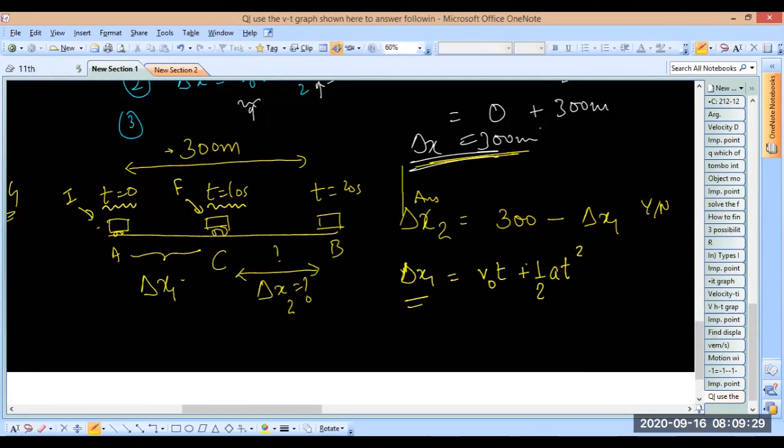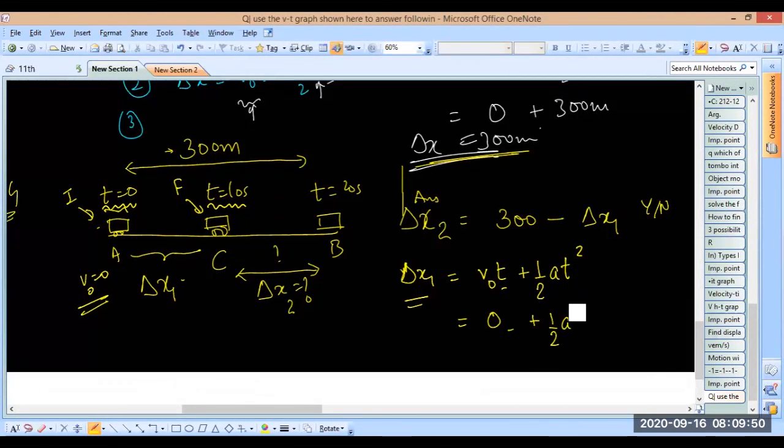This is the second equation that we have derived. Let's put values. Initial velocity at A, when the vehicle starts, is given to be 0. It starts from rest. So 0 into anything is 0, plus 1 by 2 a.